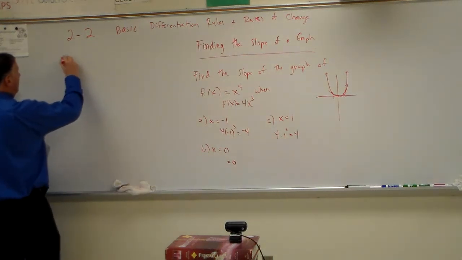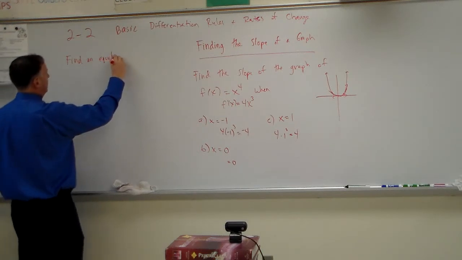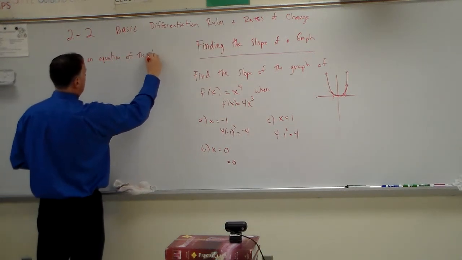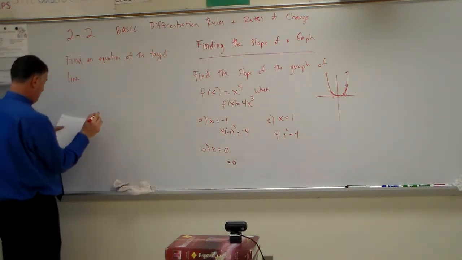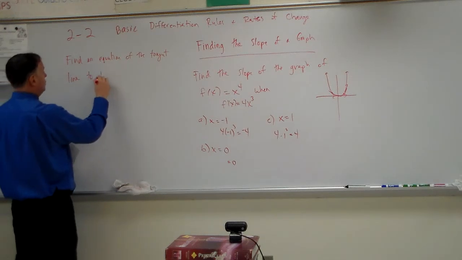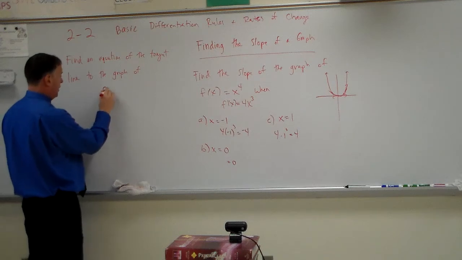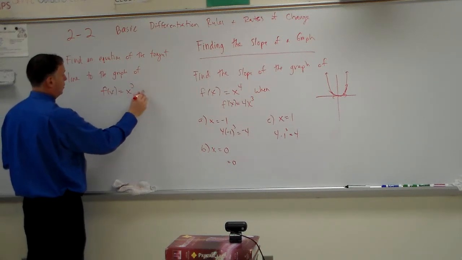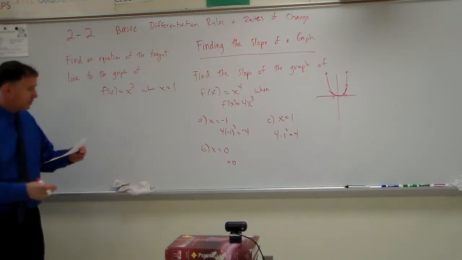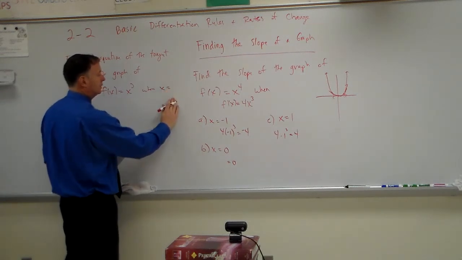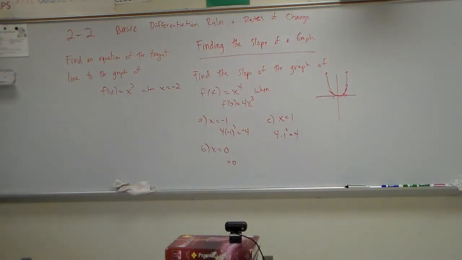Find an equation of the tangent line to the graph of f of x equals x squared when x equals 1. Oh, no, sorry. x equals -2. I'm going to keep it consistent with what I have in my notes, because I must have created a problem like that for a reason.